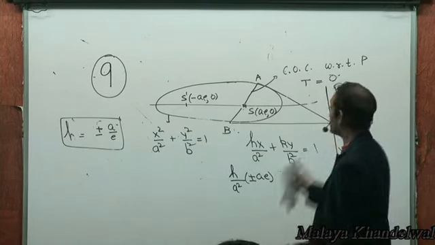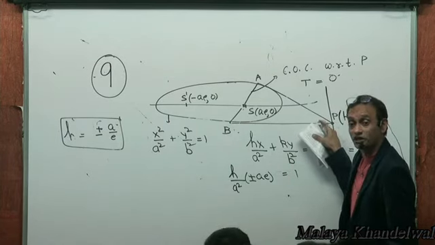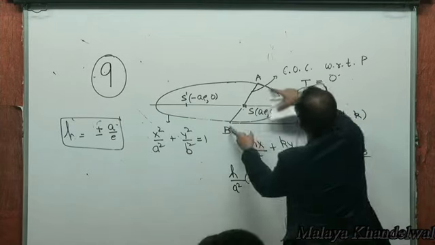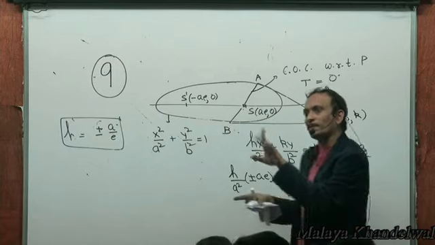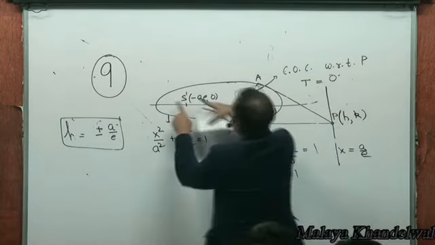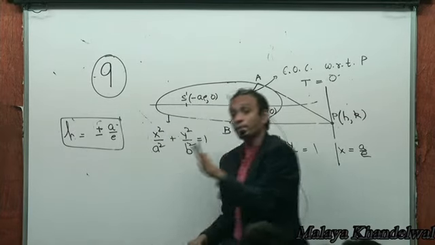Yes or no? So this angle is not 90 degrees in general. So that's the difference. The tangents drawn at the extremities of a focal chord, both in ellipse and parabola, will intersect on the corresponding directrix. If this is the focus, this would be the directrix. If this was the focal chord, then they would intersect on this directrix, right?